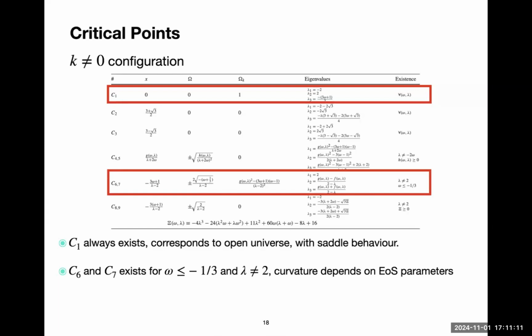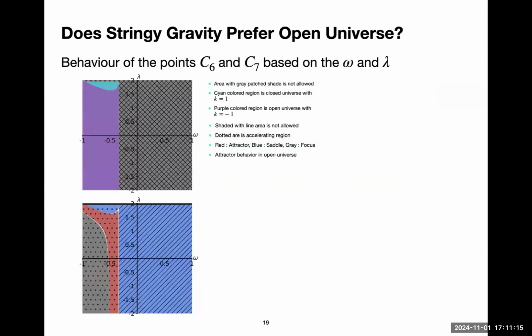In order to see that clearly, again, we chose to plot the behavior of those points based on omega and lambda. On top, the gray shaded area is the forbidden region, where we can't take those omega and lambda values. Purple shows an open universe contribution, and the cyan region is the closed universe.